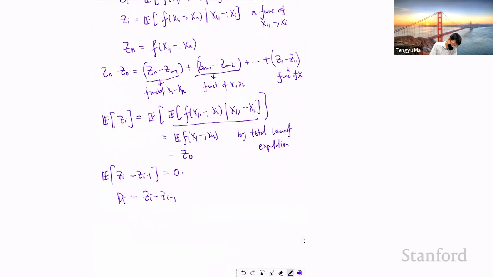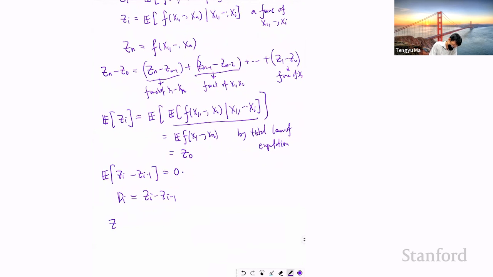I'm going to claim that zi minus zi minus 1 is always less than ci, where ci is the bounded difference condition in the McDiarmid inequality.